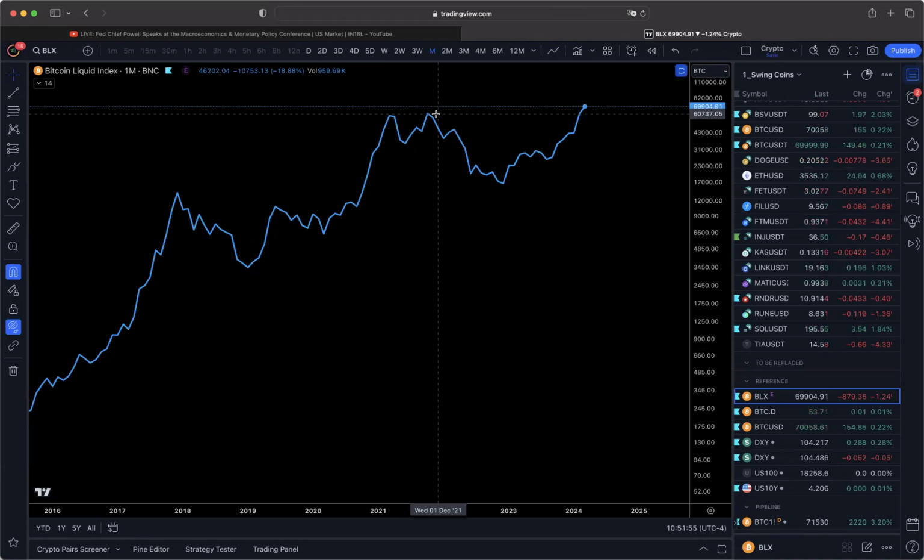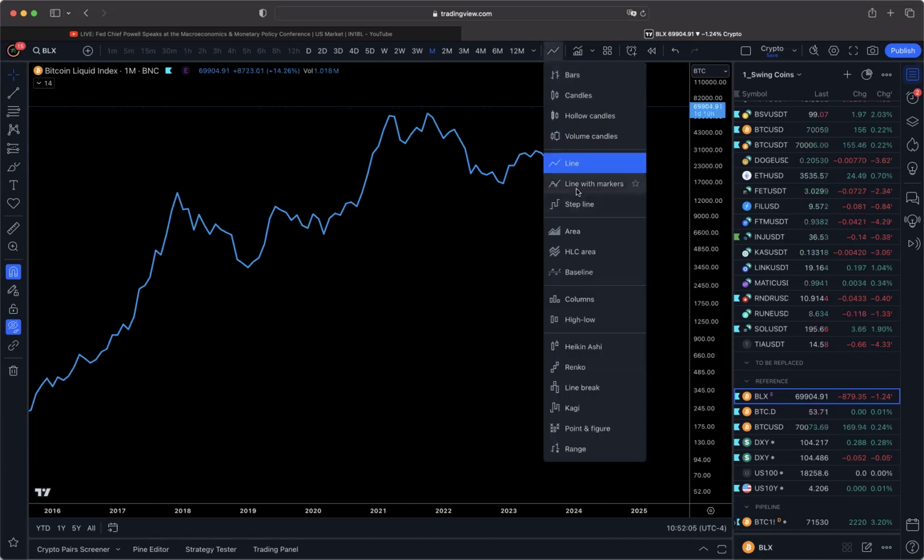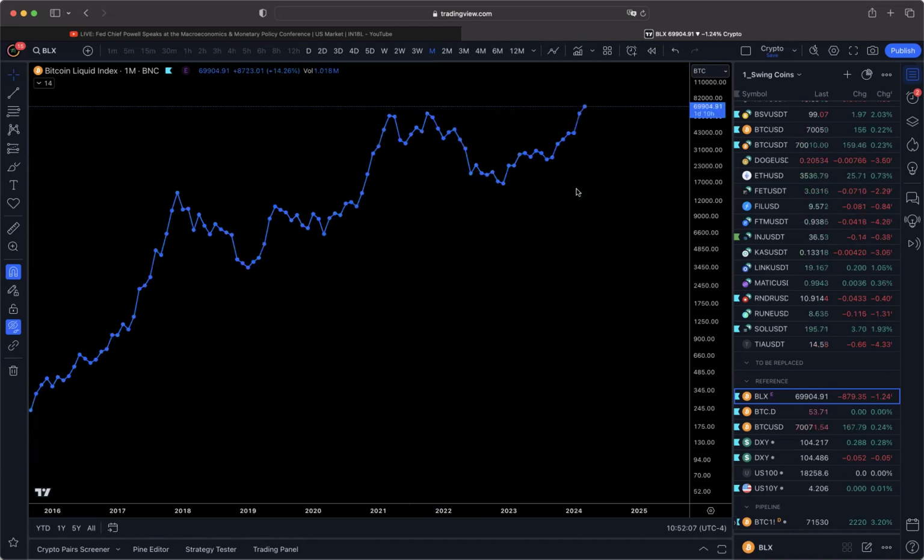This line chart basically depicts all the closing prices. It doesn't have lows and highs, right? Each point, each line with markers, each marker is the end-of-month price. So when you look at this, the last month ended right on the all-time high.